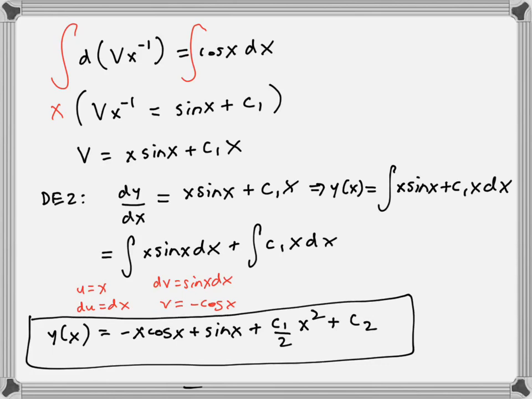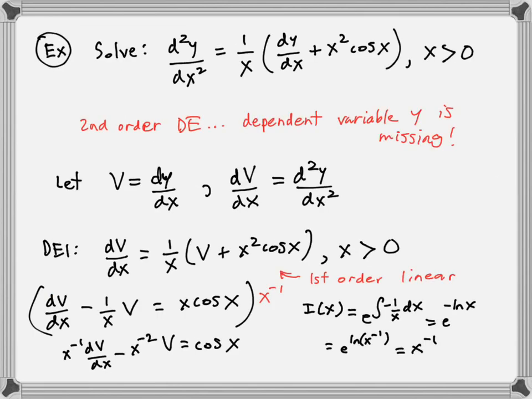You could, if you wanted to, redefine c1 over 2 to be a new constant. You could call it like c3 or something, and then you wouldn't have to write c1 over 2, right? You wouldn't have a fraction at the end, but it's really not a big deal. Okay? So again, just as a recap, this substitution here, this is where we got our differential equation 2.